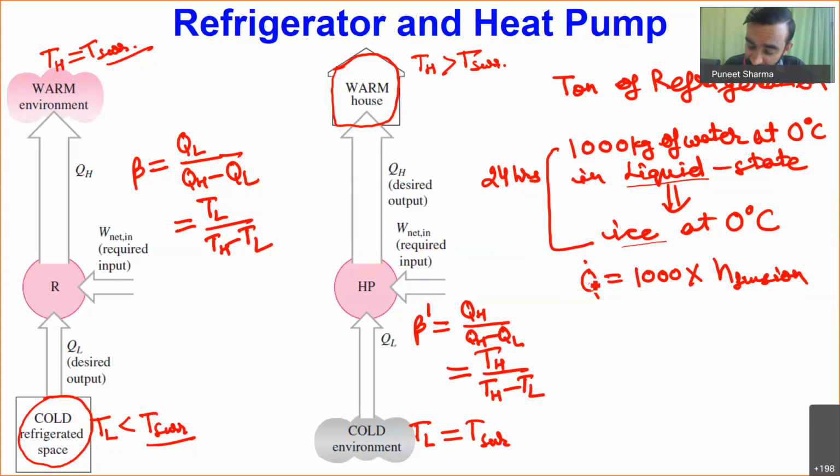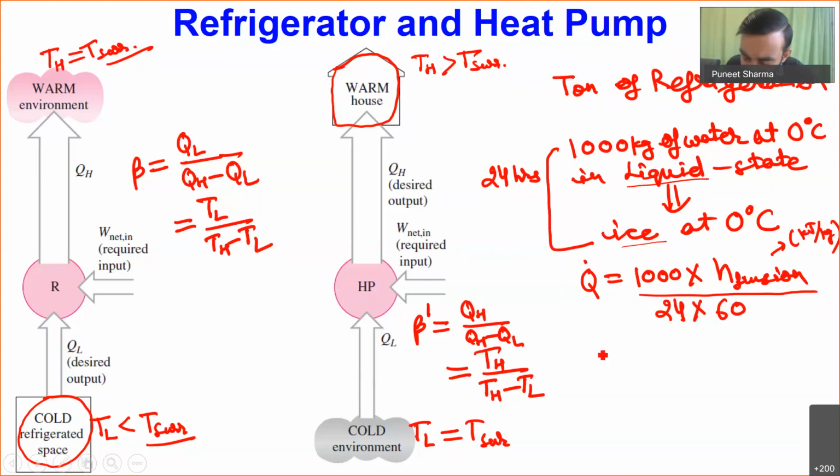So to calculate the amount of heat transfer, I can write Q dot equal to 1000 into heat of fusion, which has unit kilojoule per kg, divided by 24 hours, which converted into minutes is 24 into 60.